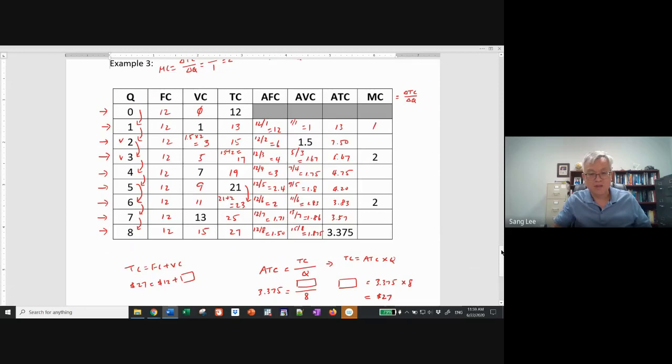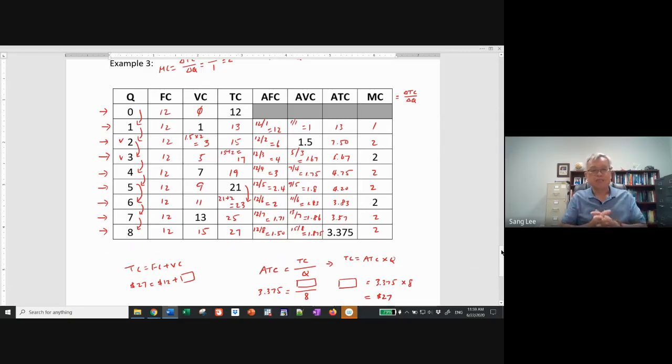Then total cost increased by 2, right? Here, 13 to 15, so 2. And 15 to 17, 2. And so in this particular example, marginal cost is increasing by 2 each time when you produce more than 1 unit, okay?